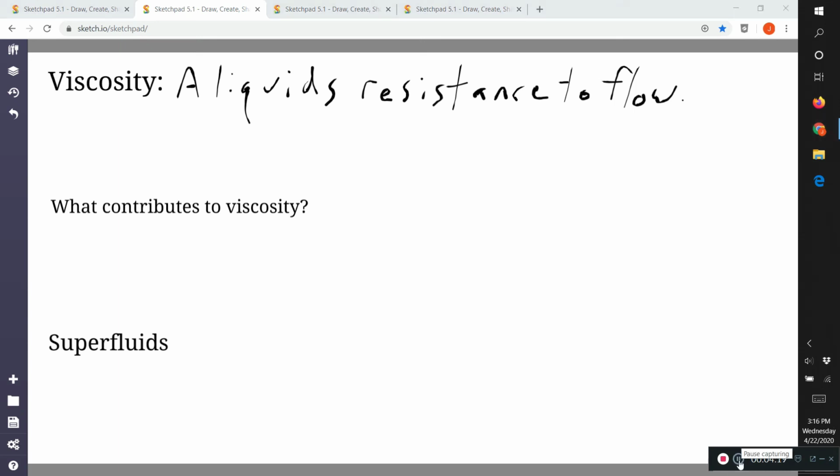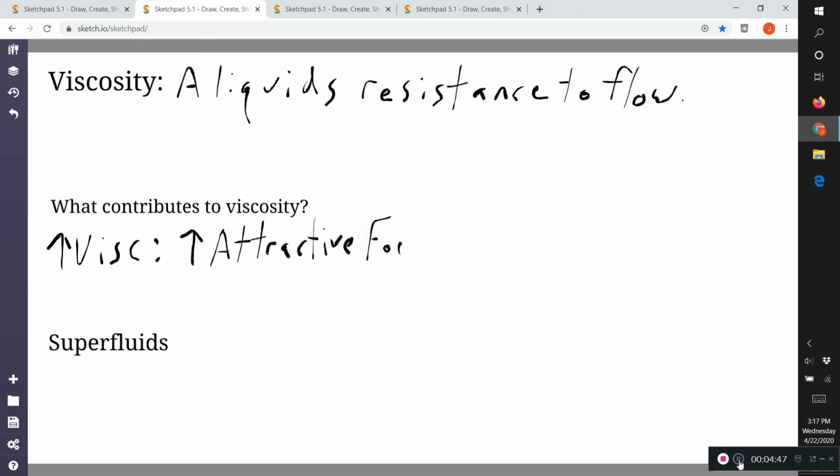So what things contribute to viscosity? There's a number of things that increase the viscosity of a liquid. To increase viscosity, the following things could be increased. Number one, you could increase the attractive forces inside the material.